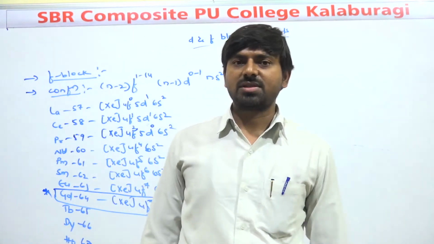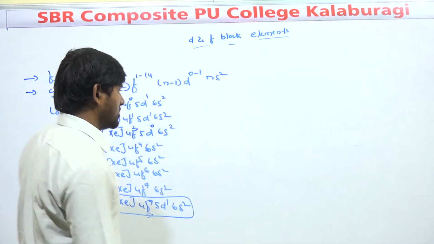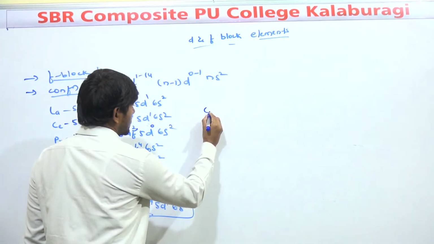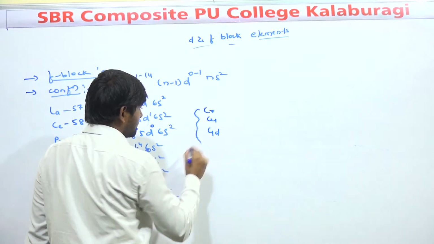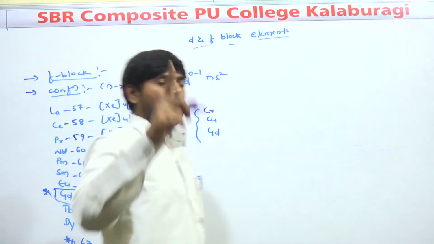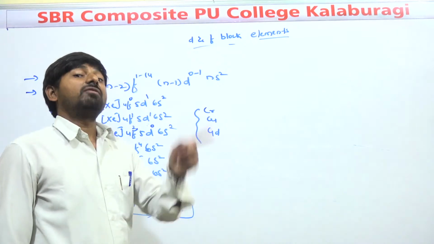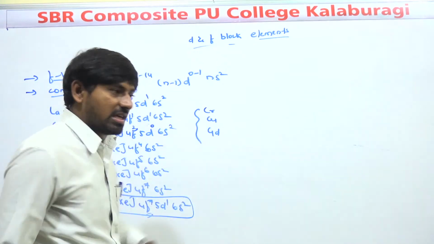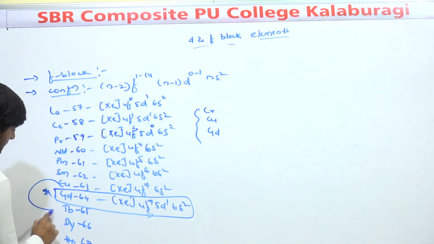When a question comes on electronic configuration either in JEE or in NEET, the question will be asked on either chromium, copper, or gadolinium. If a question comes on electronic configuration, it will belong to these three. No other question will come. If it comes, then the other two elements will be europium and terbium.